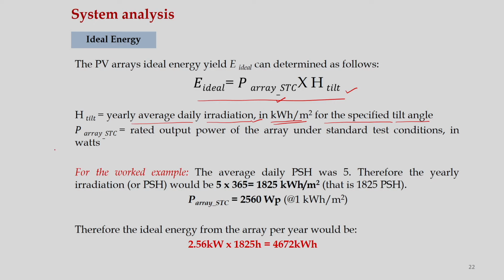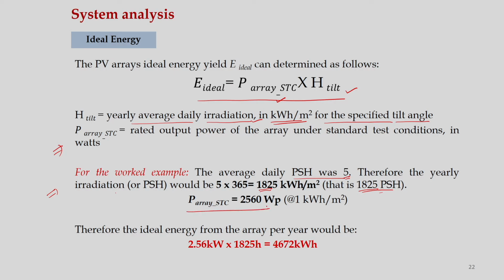P array STC is the rated output power of the array under standard test condition. In this problem, if we consider PSH peak sun hour is 5 hours, the yearly irradiation would be 5 into 365, which is 1825 kilowatt hour per meter square. That means 1825 peak sun hour.